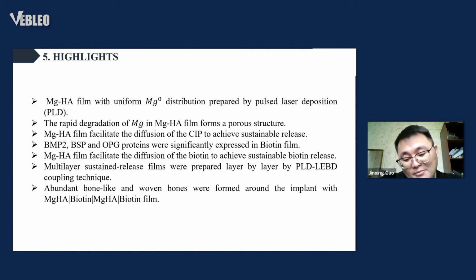Nevertheless, the number of animal experiments was too small to draw conclusions about the efficacy of the 4-layer composite film in the treatment of bone defect. But I believe that more experiments and longer-term results are needed to confirm the efficacy of the 4-layer composite film.